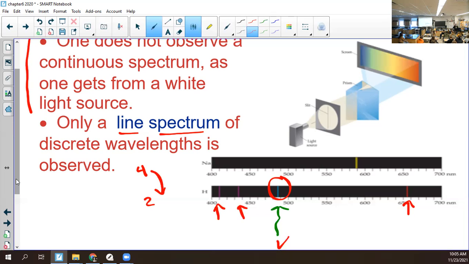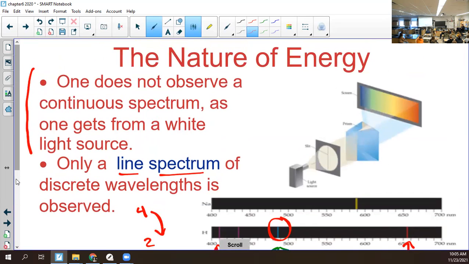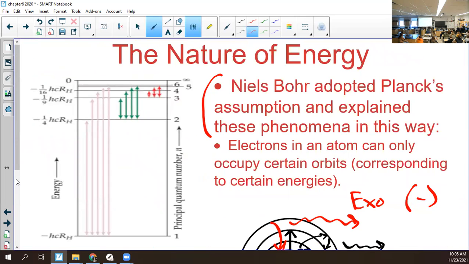All right. So it was weird, this does not seem to make sense. All right. Well, along comes Bohr. Now, don't panic over all this. But Niels Bohr comes up and he says, hey, I think that Planck is right. I think energy is quantized. And I think atoms with electrons in them, they're jumping up to specific places and falling back to specific places.